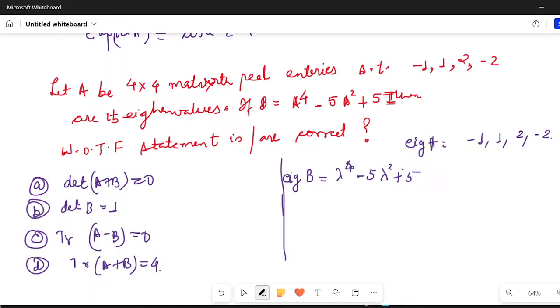Is that clear or not clear? I hope it is clear. Okay.